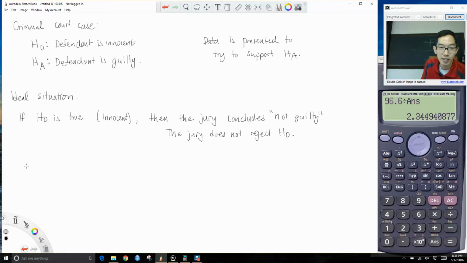And then in the ideal situation, if the null hypothesis is false, meaning that the defendant is guilty, then the jury concludes guilty.